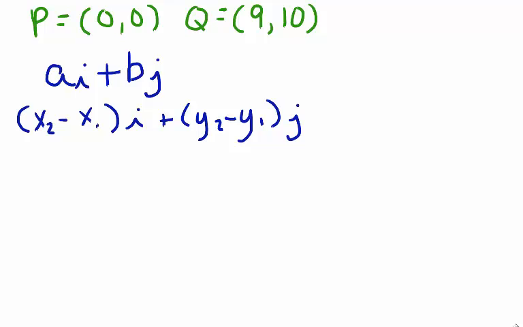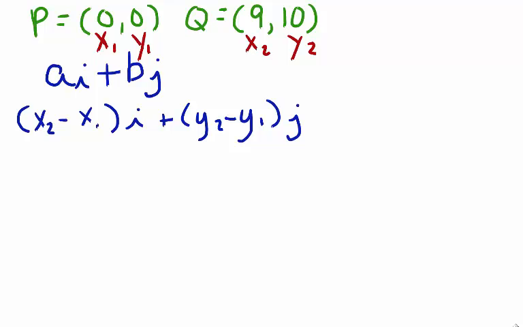In our example, we let 0 be x1, and we'll let 9 be x2. Then we'll let this 0 be y1, and 10 equal y2.